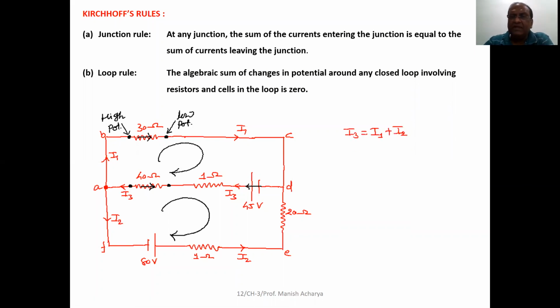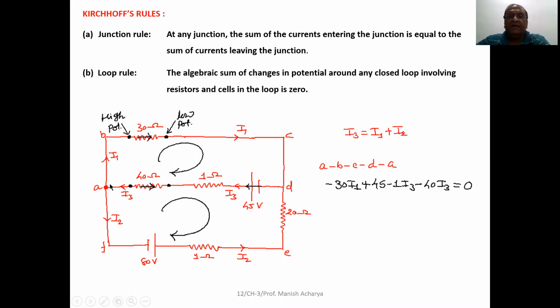So we can write, as per Kirchhoff's junction rule, I3 is equal to I1 plus I2. This is the junction rule. Clear to all of you? Now here, to understand the loop rule, consider the loop A, B, C, D, A.